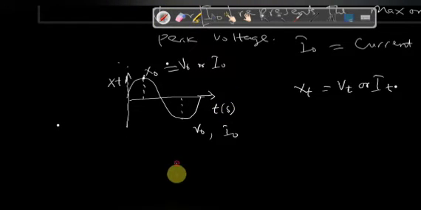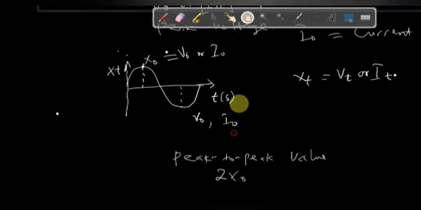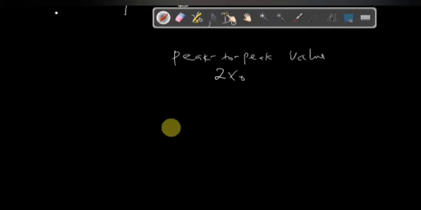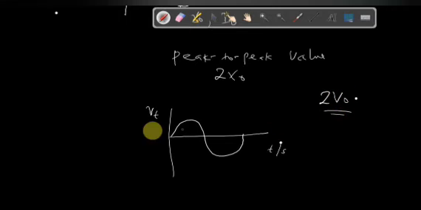Then another term we have to associate ourselves with is the peak-to-peak value. The peak-to-peak value is 2 S naught. So if I have a sinusoidal wave of, let's say, voltage, with V of t here and time in seconds, then the peak-to-peak value is going to be 2 V naught.